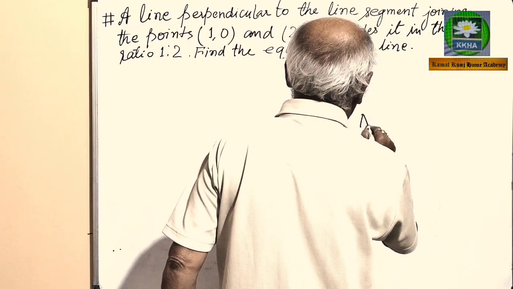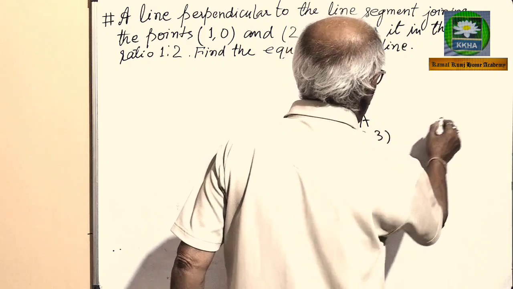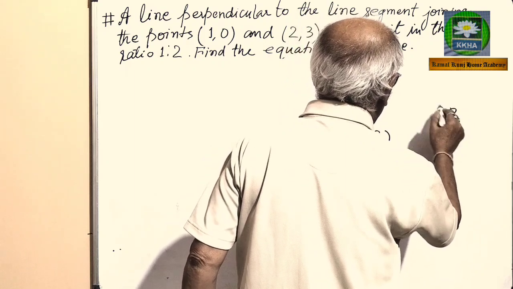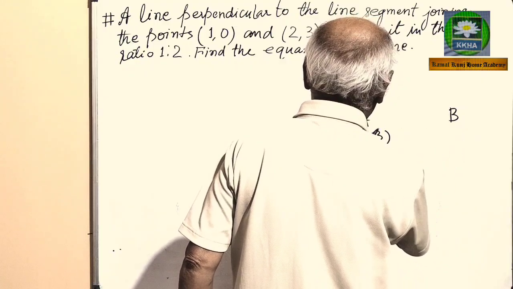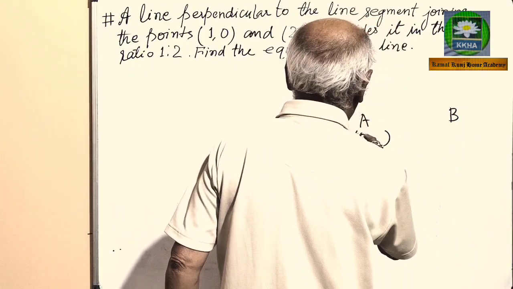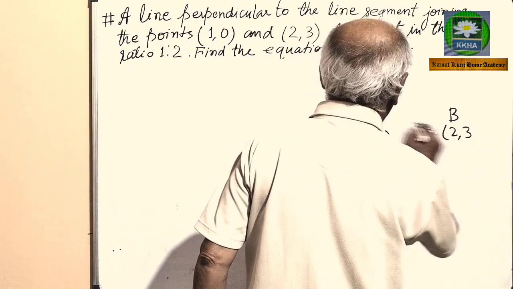Suppose these points are A (1, 0) and B (2, 3).